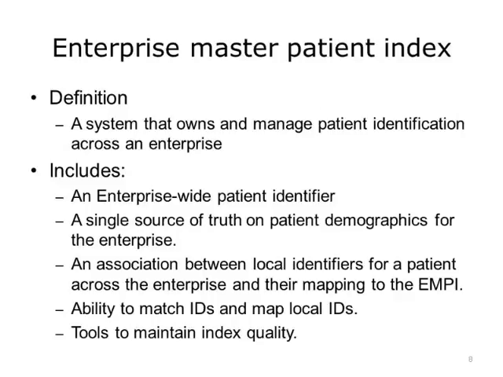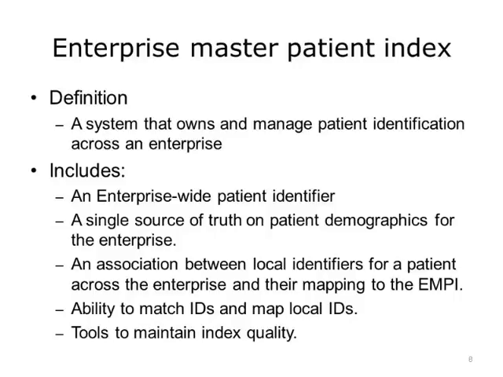An Enterprise Master Patient Index, or EMPI, is a system that owns and manages patient identification across an enterprise. It generates and maintains an enterprise-wide unique identifier for a patient. It serves as the single source of truth on patient demographics for the enterprise.